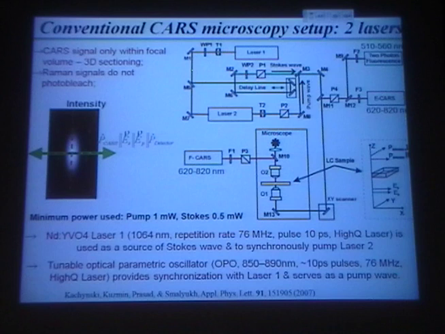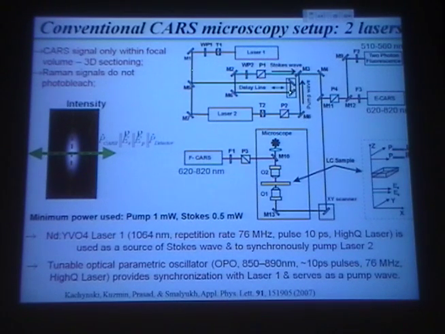So the coherent anti-Stokes Raman scattering technique can be implemented in many different ways. I'll show two different examples. Here is one of the examples, depicted using this schematic, where we can use two different lasers, in this case picosecond laser excitation light.